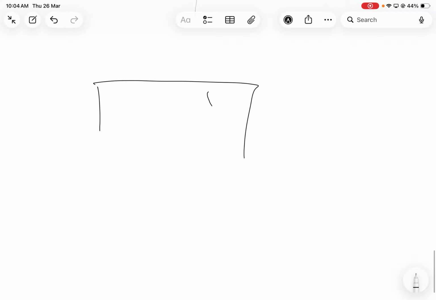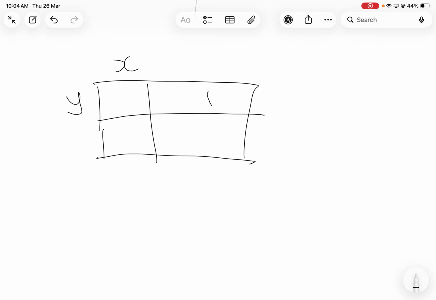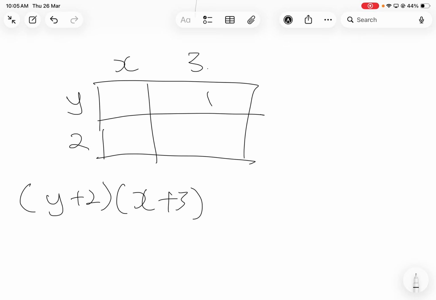So now, finally, I am still finding the area. So this time round, what is the total area? The total area is y plus 2 times x plus 3, right? This length is y plus 2. Y here, 2 here.